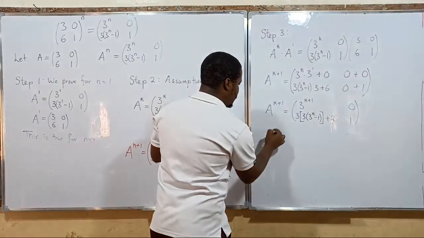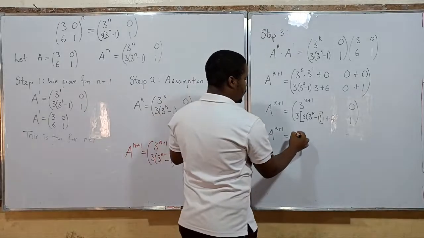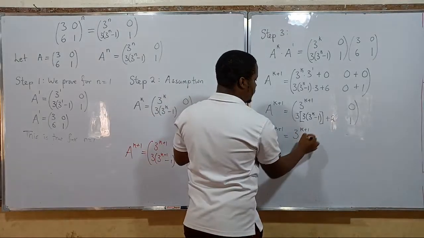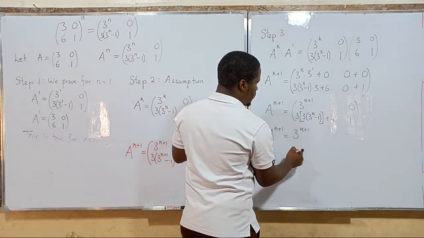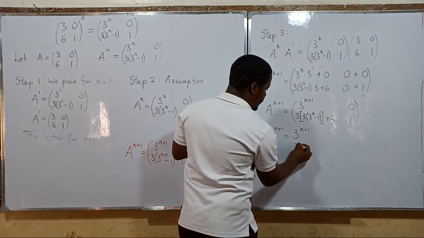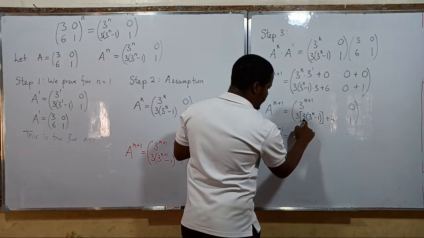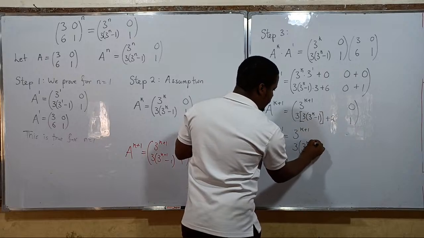Let's see how it proceeds. So A to the power k plus 1 is equal to 3 to the power k plus 1. We have 3 outside, open bracket. This 3 times this 3, we have 3 to the k plus 1.